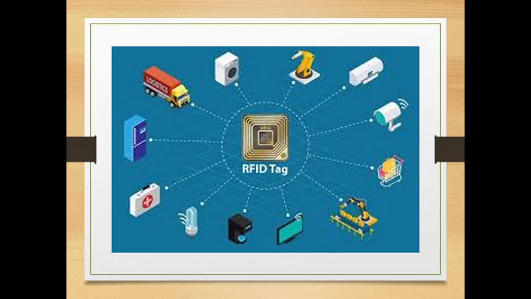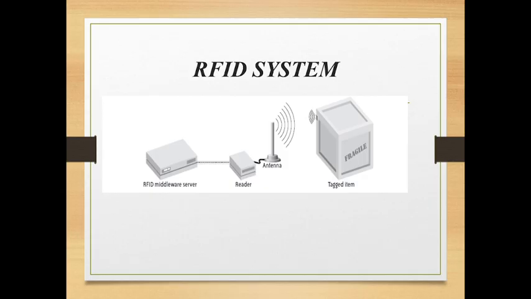The RFID tag is used in multiple systems, for example, medical systems, transportation and location systems, vehicle sensing systems, mobile phones, and computers that identify RFID tags.